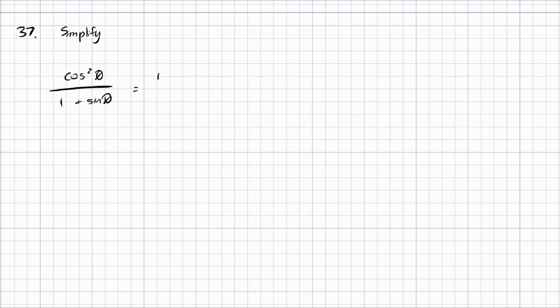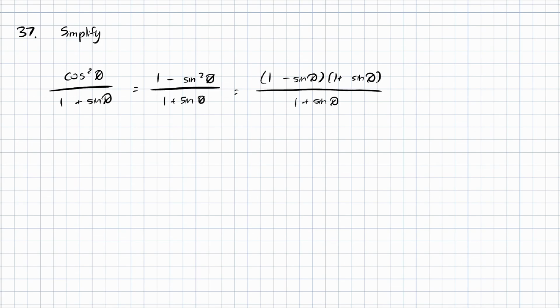Cosine squared theta is 1 minus sine squared theta, right? Because of our identity of sine squared plus cosine squared theta equals 1. And from here, you write 1 minus sine theta times 1 plus sine theta over 1 plus sine theta. This becomes 1 minus sine theta. That is your answer.